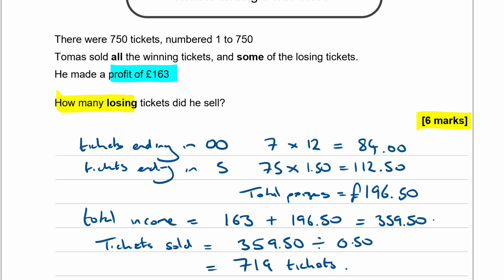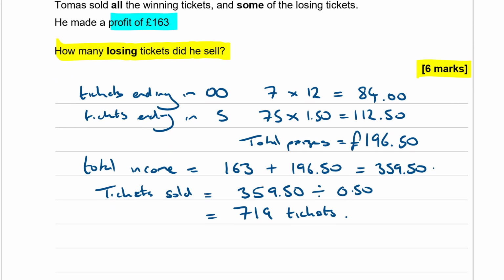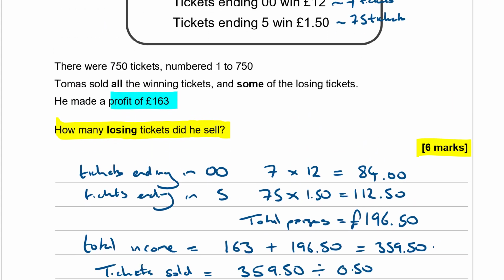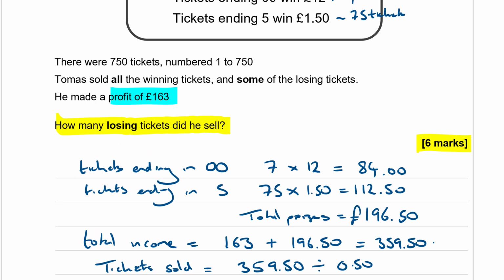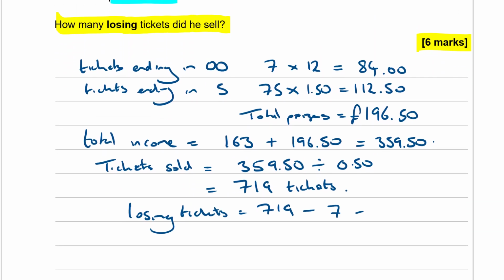And actually, when I go back here, I can see that how many losing tickets did he sell? So I almost missed that. How many losing tickets did he sell? Well, if he sold 719 tickets, and there were 7 winning tickets with 00 and 75 winning tickets ending in 5, the losing tickets is going to equal 719, subtract the ones ending in 00, of which there were 7, and subtract the numbers ending in 5, of which there were 75.